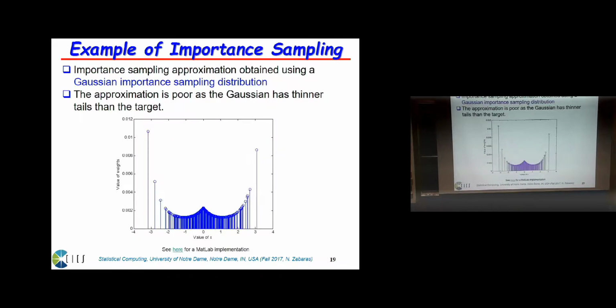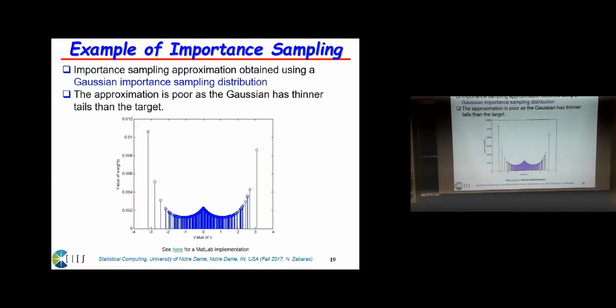So here the idea is to get samples and approximate. Basically, we don't want to find any expectation. We want to find the Monte Carlo approximation of the double exponential distribution.